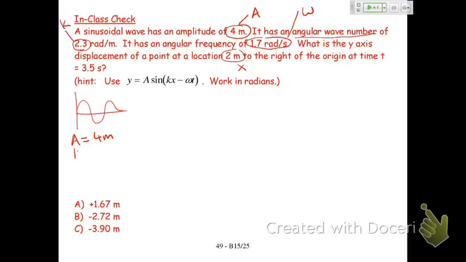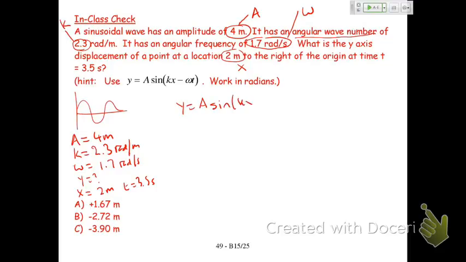K is equal to 2.3 rad per meter. Angular frequency omega is equal to 1.7 rad per second. What is y? I know my x is equal to 2 meters and my t is equal to 3.5 seconds. And for this, y is equal to A sine of kx minus omega t.